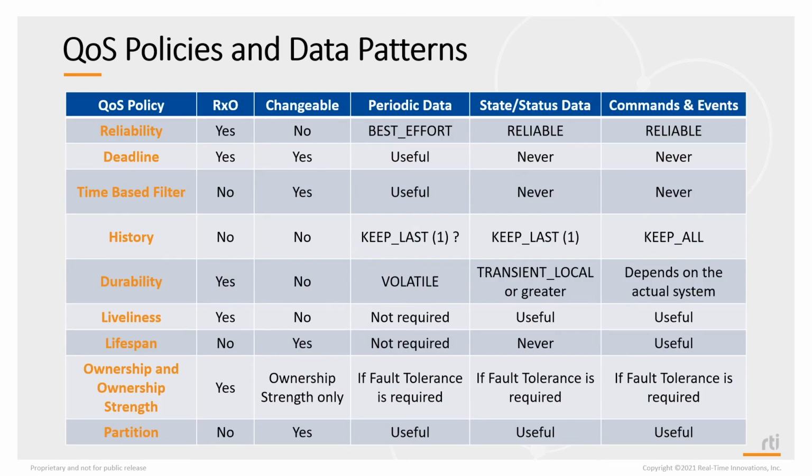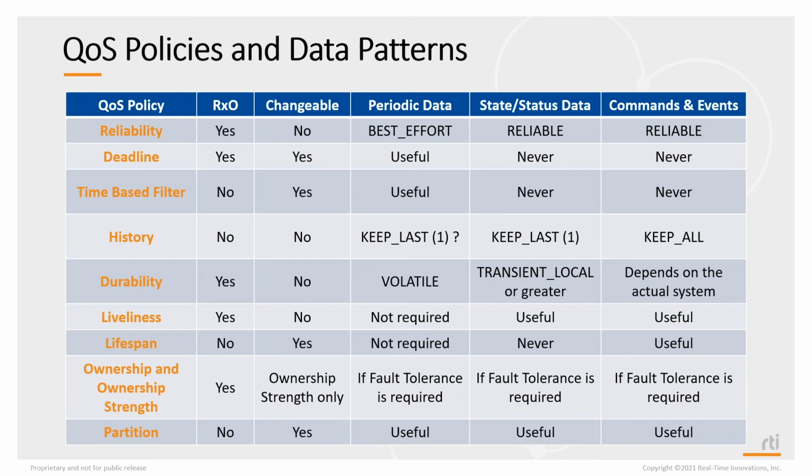So here's kind of a little summary of some of the QoSs that have been discussed. And RXO is request versus offered. Changeable is the value of this policy changeable after you create the object with that policy. What does it apply to? If it applies to periodic data, what value do you want to set?